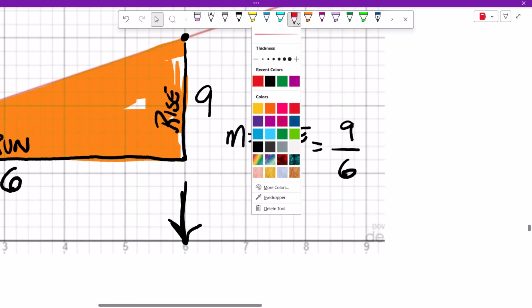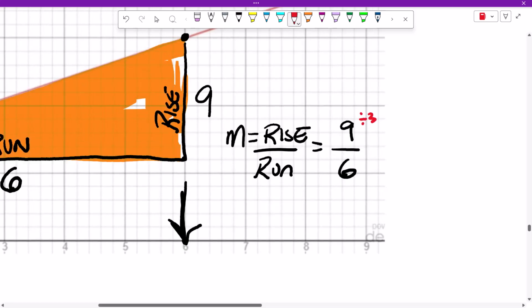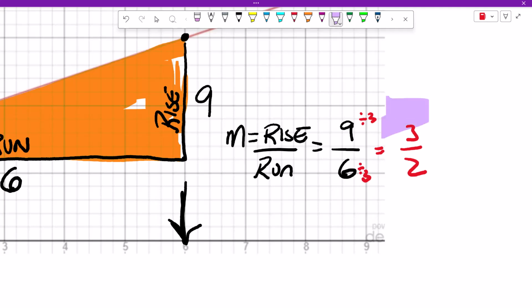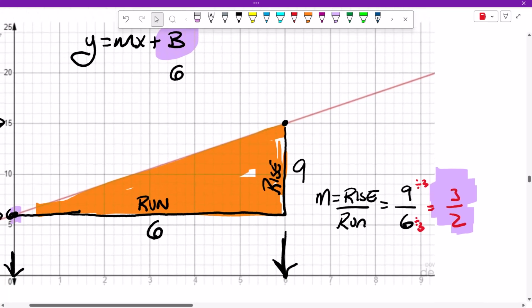And remember, if you're not good at making fractions smaller, that's only like half a mark that you might lose. So you can divide the top and bottom by 3, make it 3 over 2, and just leave this as a fraction. You don't need to turn this into a decimal. Fractions are better for math. So instead of m, we put down 3 over 2, and everything else stays the same.